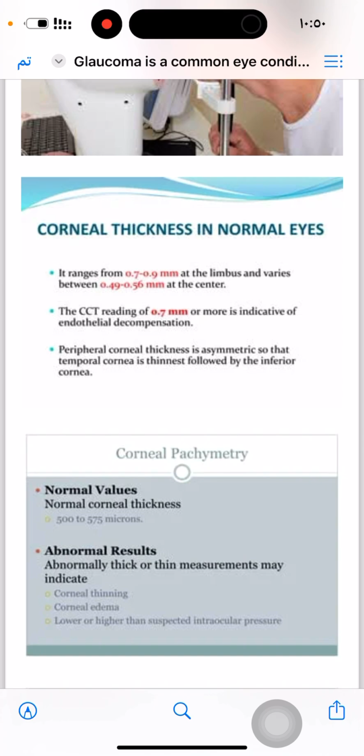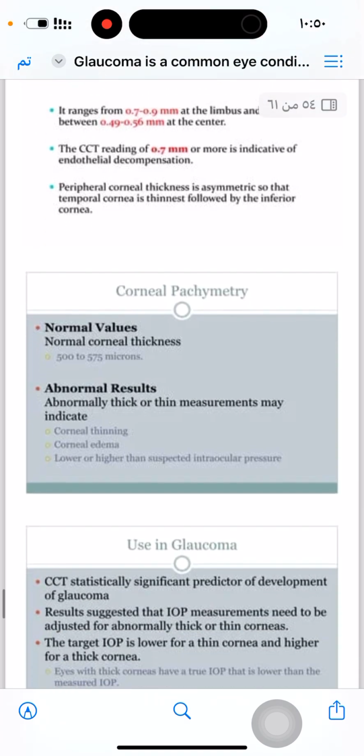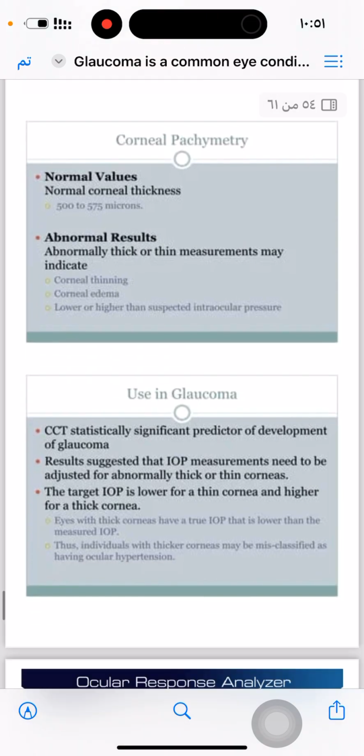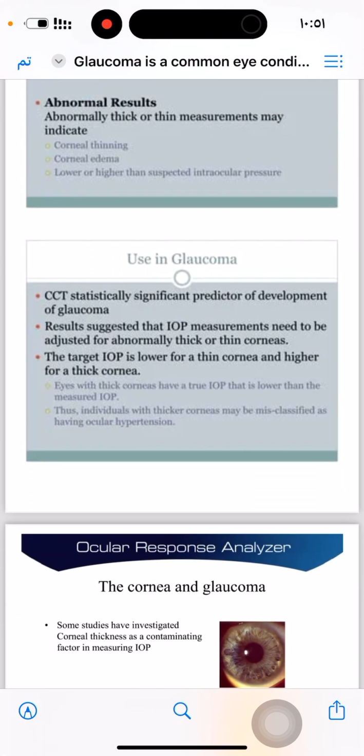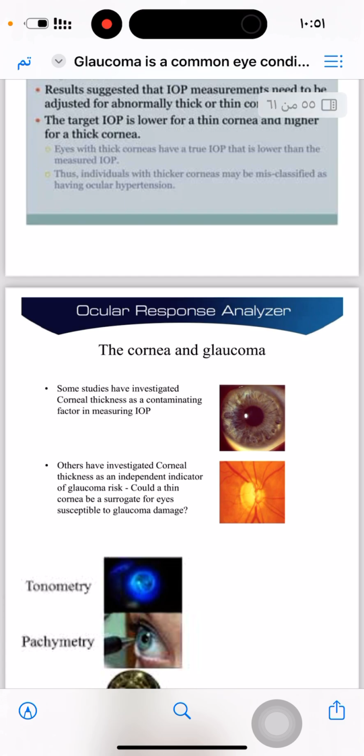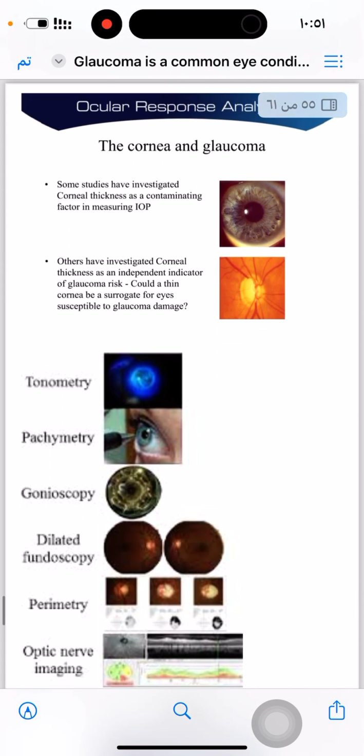Abnormal corneal thickness, thick or thin, may indicate corneal thinning or corneal edema. In glaucoma it will be thick. Intraocular pressure reading is lower for thin cornea and higher for thick cornea. It will be thick in glaucoma. When the cornea becomes thick, it will later increase intraocular pressure.